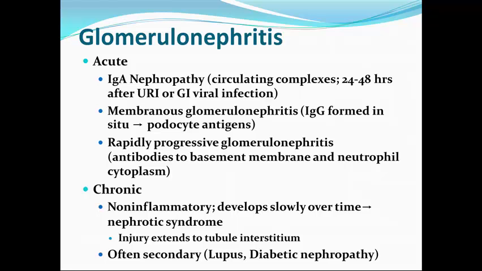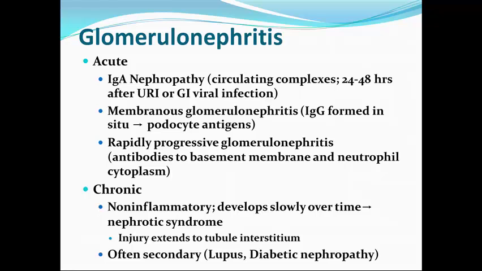As we look more closely at that, let's talk about a few specific pathologies. First, we'll look at some acute pathologies and then some more chronic pathologies. The advantage of an acute pathology is it is potentially reversible.